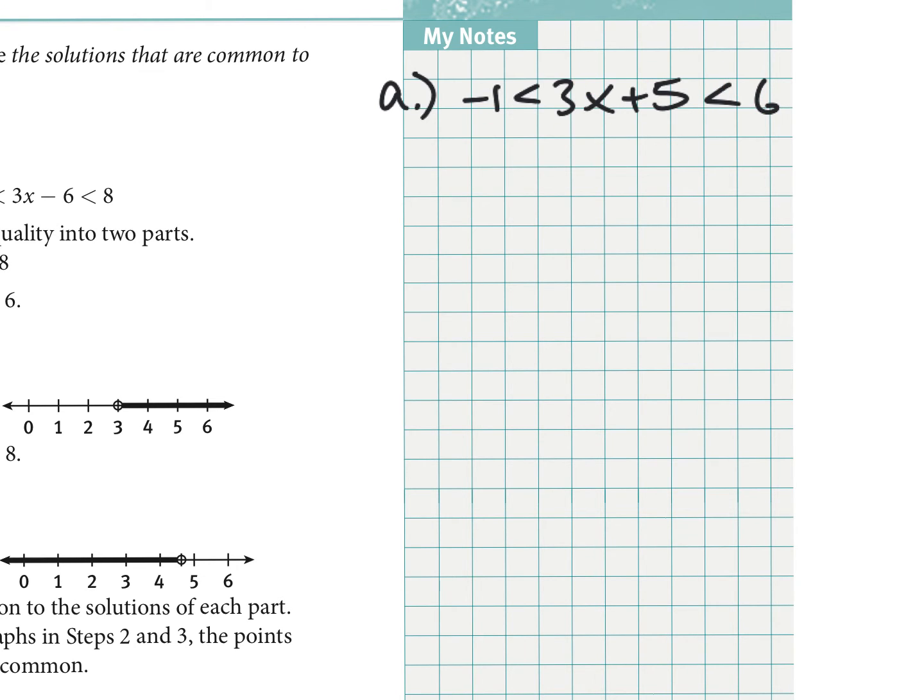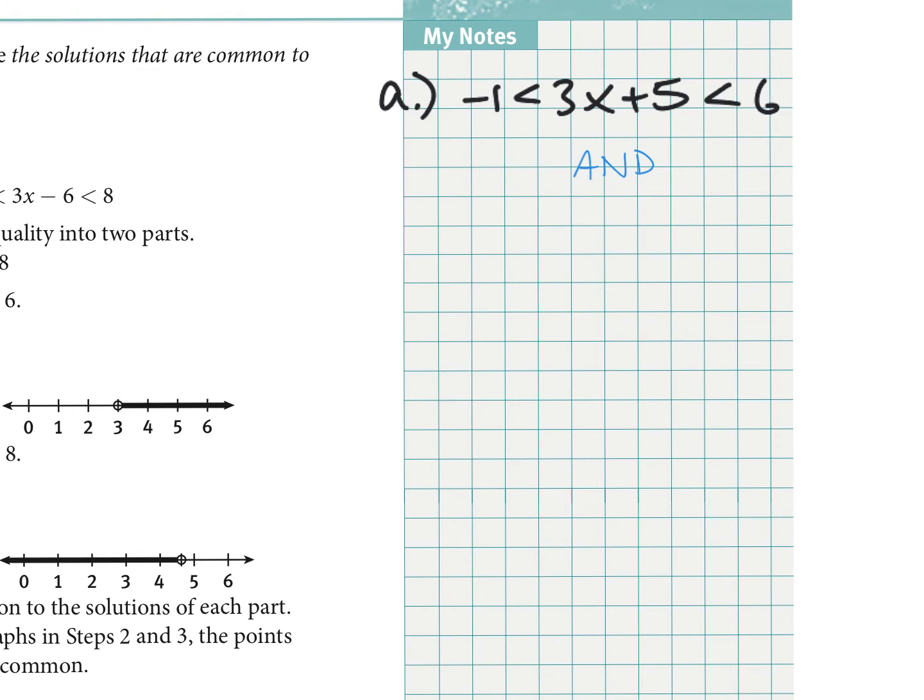This one statement is actually a conjunction. It actually is going to be two different inequalities where we use the word and. So we're going to rewrite that. Let's focus on the first half. So we have -1 is less than 3x plus 5. So let's go ahead and write that down a little bit separated.